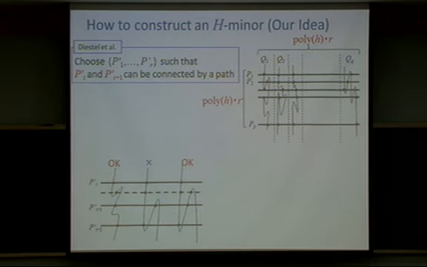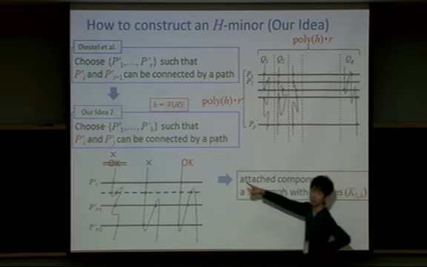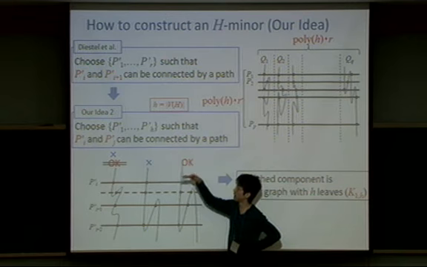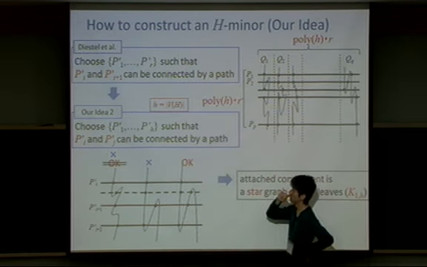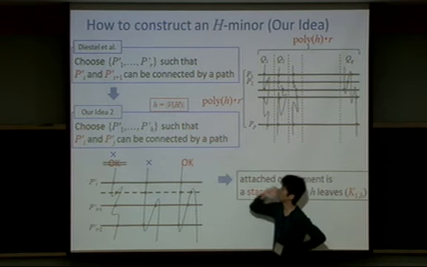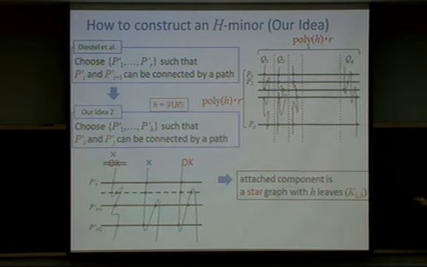So by using an attached component, we want to connect any two horizontal paths. So we choose H paths such that any two paths can be connected by a path.